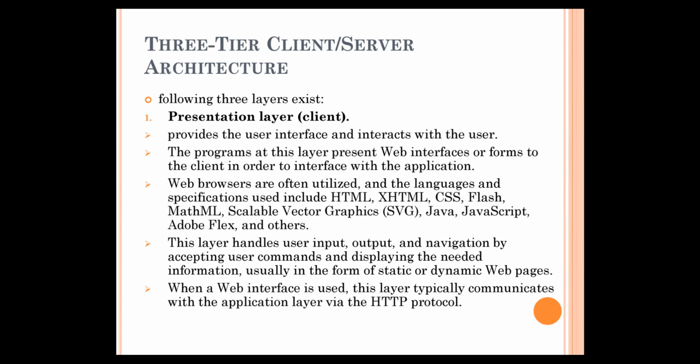So clients will go through 3 layers of processing. The following 3 layers: the first layer is where the client accesses the server through some website or through some node, which is called the client node.